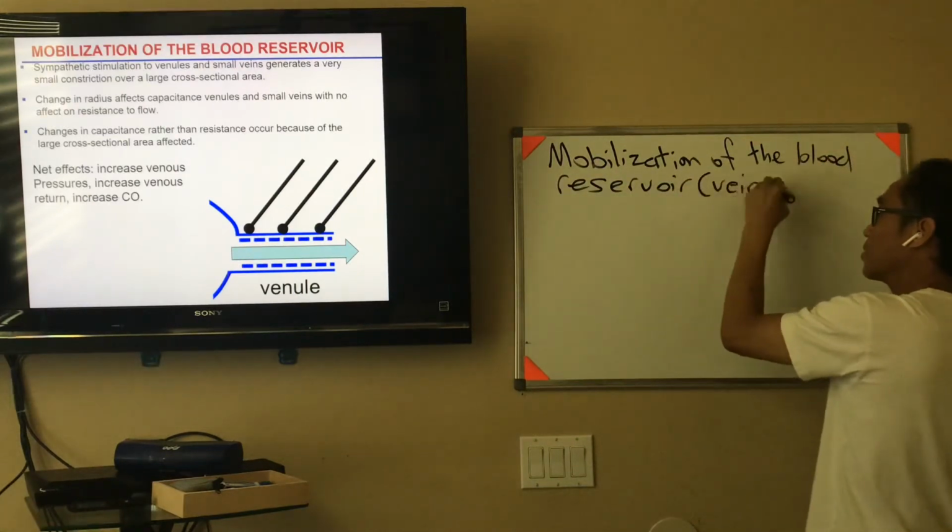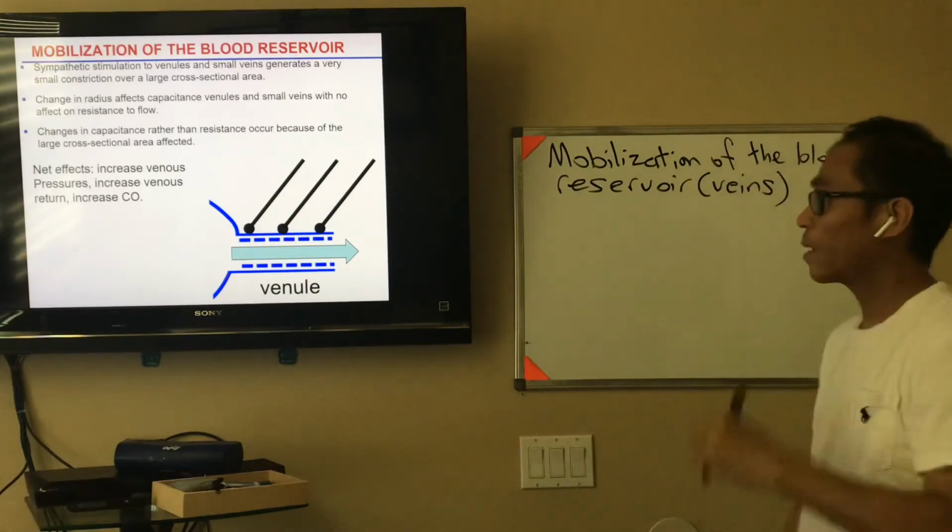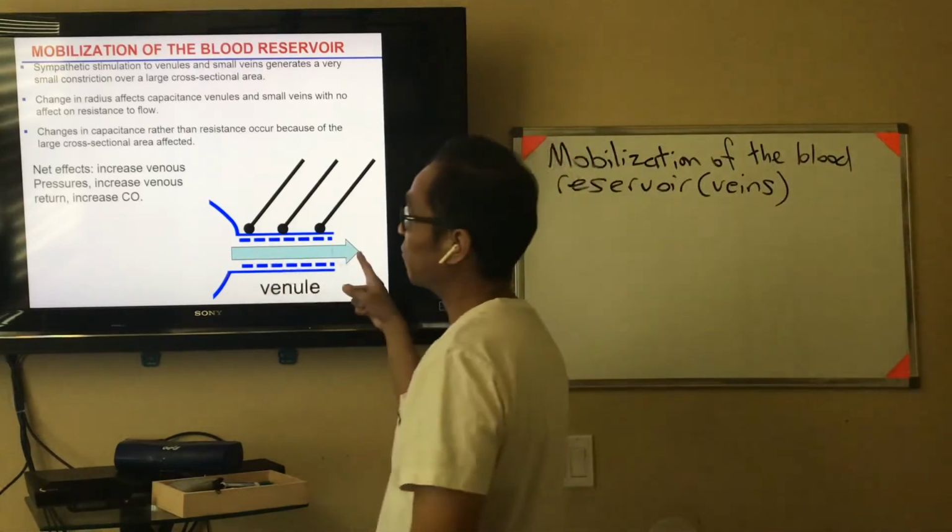All the blood's in your veins. Your veins are your blood reservoir. So by affecting it this way, you're increasing the blood flow.